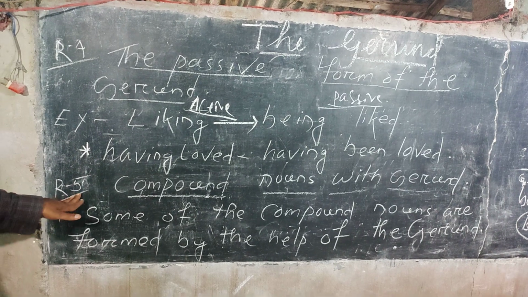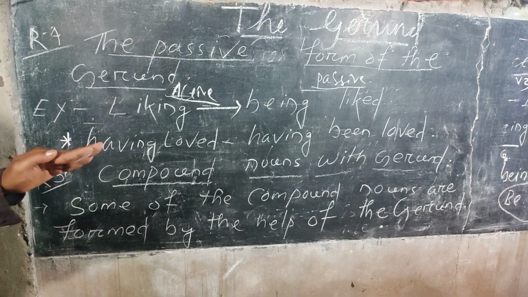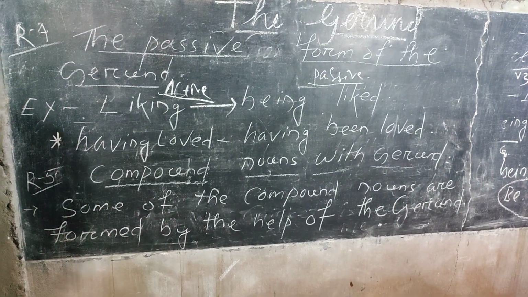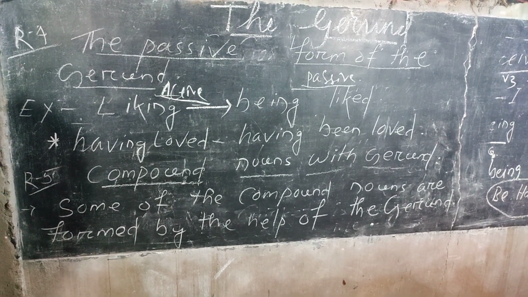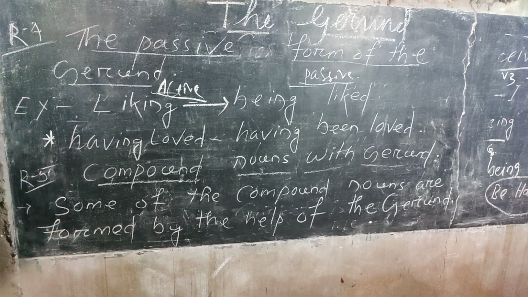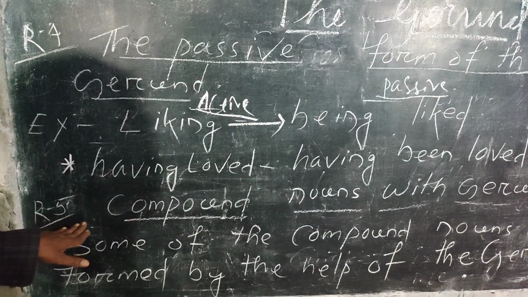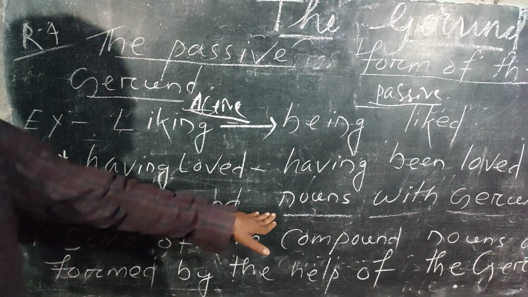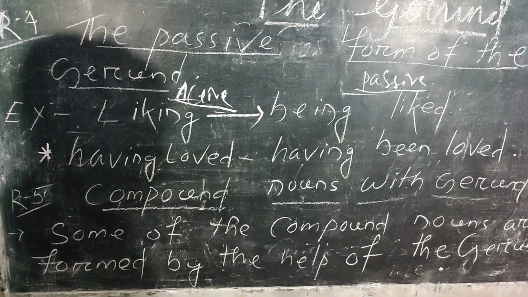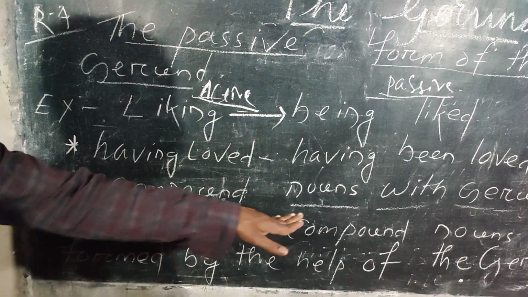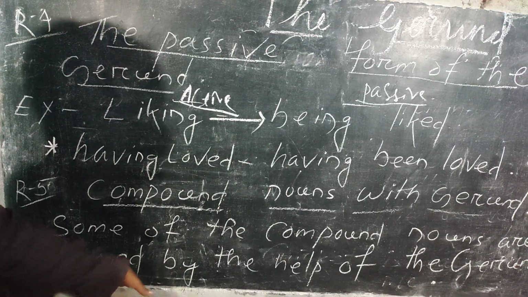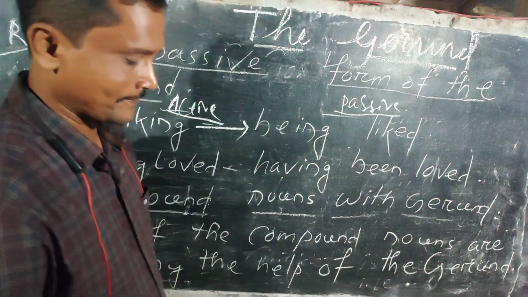Next, rule number 5. Compound nouns with gerunds. So some of the compound nouns are formed by the help of the gerund.